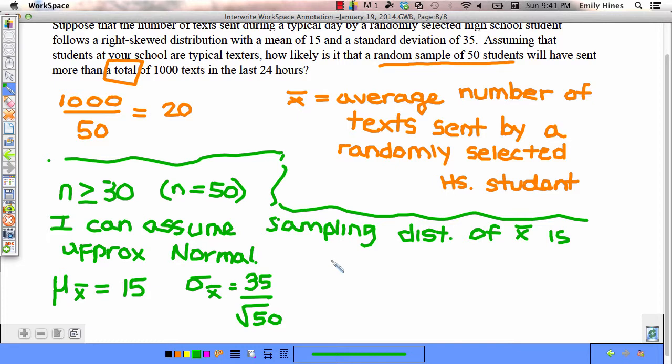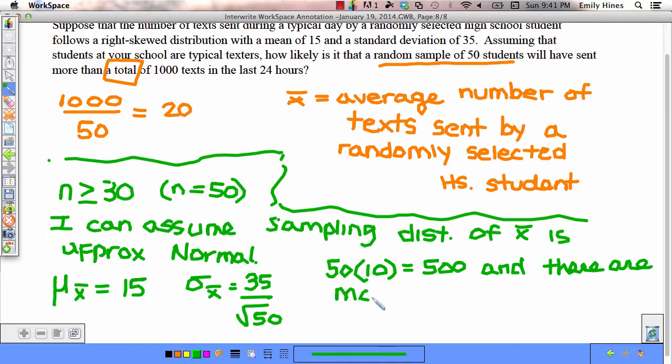I also need to say that 50 times 10 is 500, and there are more than 500 high school students. So that takes care of my 10% condition. So now I have a mean and a standard deviation, and I know it's normal. So next up would be my picture.